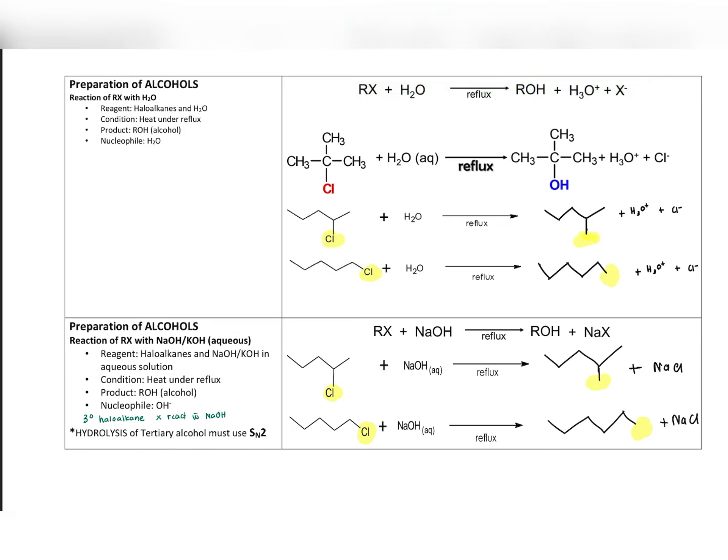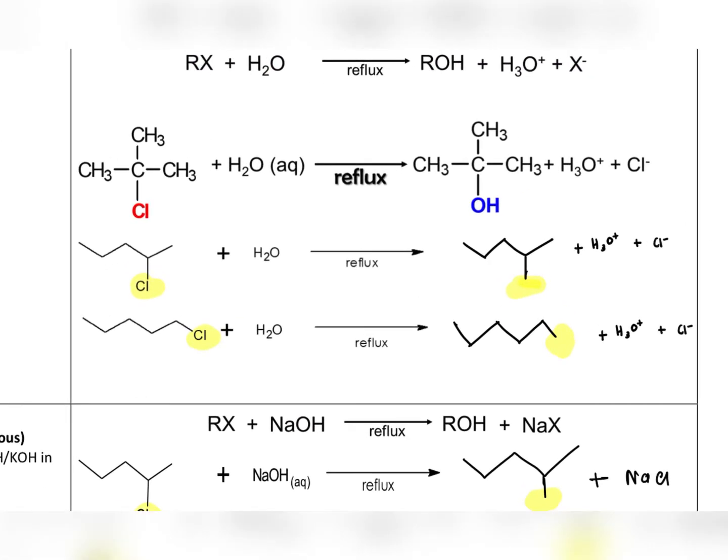Okay, so let's have a look at the first one. Okay, so let's say you have this haloalkane. Okay, so Cl is attached to this carbon. So bila kita tengok this haloalkane, we can classify it as tertiary haloalkane. Kenapa tertiary?